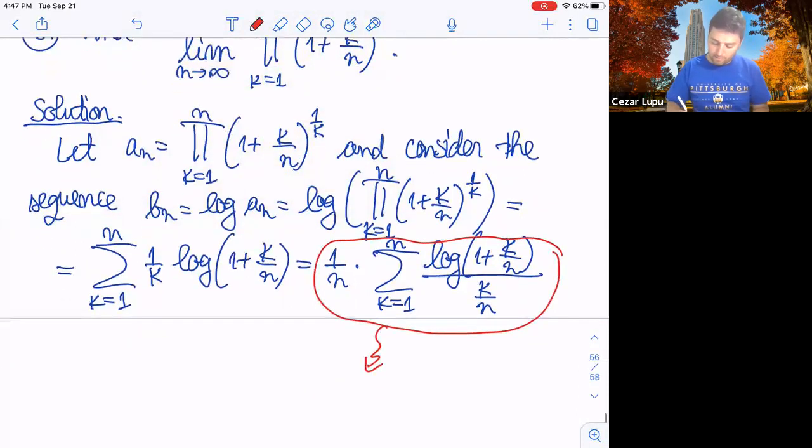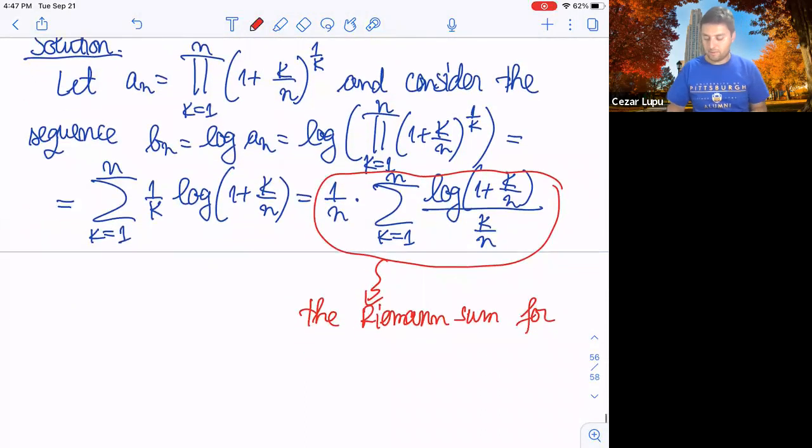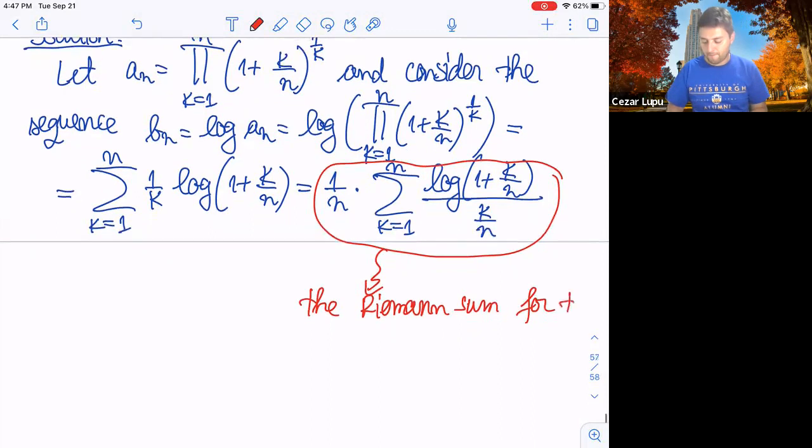This is the Riemann sum for a function, right? And we should be careful how we define this.